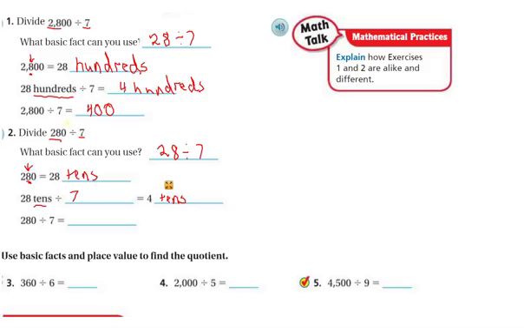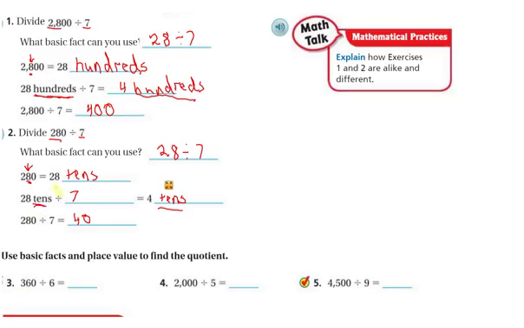So notice on both problems, up here it was 2,800, so our answer was 4 hundreds. Here it was 28 tens, so our answer is 4 tens. And we can write 4 tens as 40. Okay. Now, let's look down at 3, 4, and 5, and we're going to basically do the same thing.